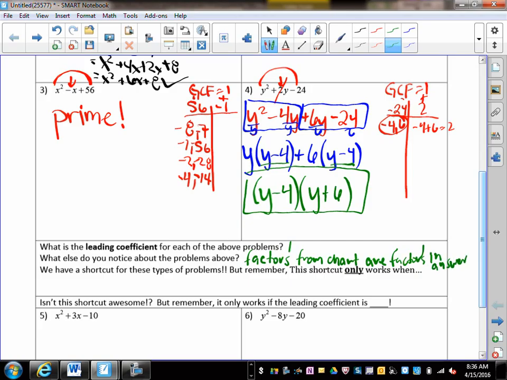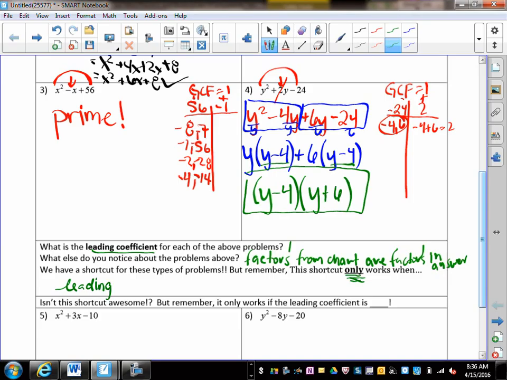So this is actually a shortcut you can use for these types of problems. But, and this is a huge thing you need to check, this shortcut only works when the leading coefficient is 1. So write that down.